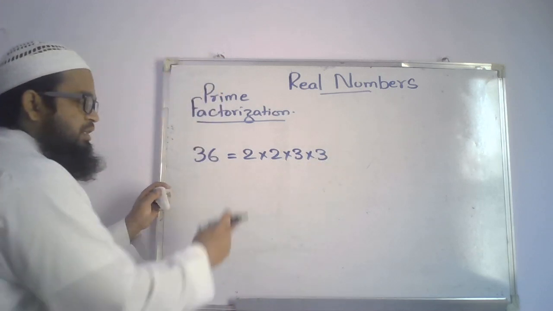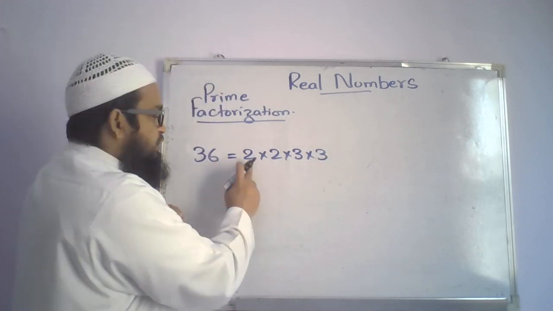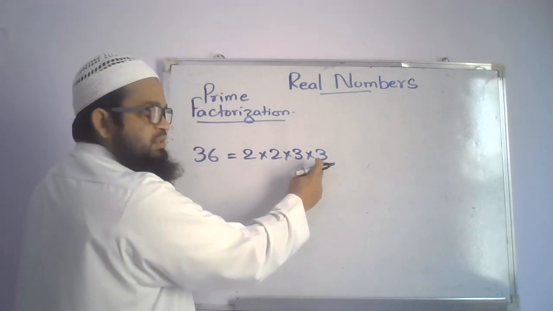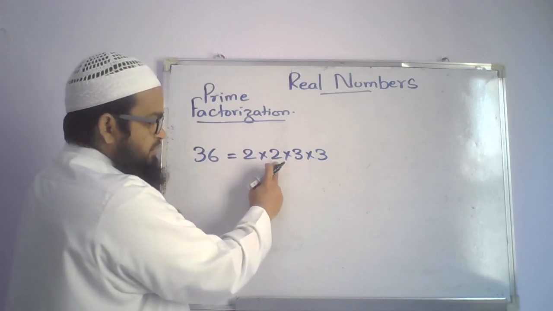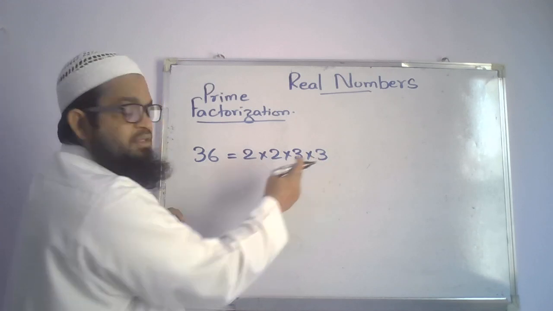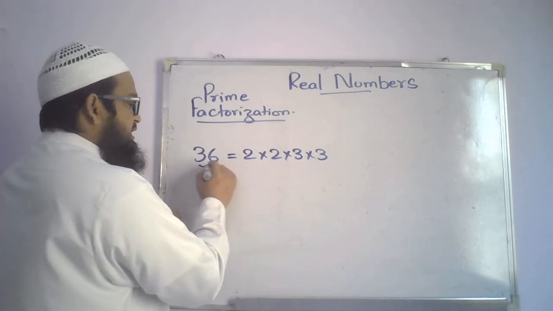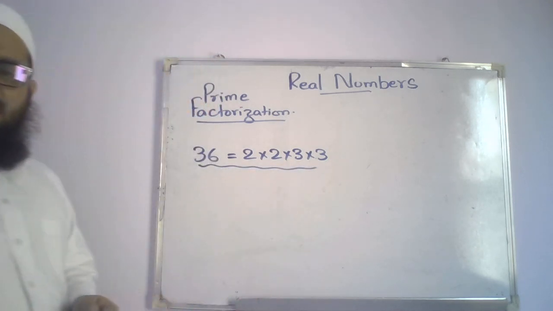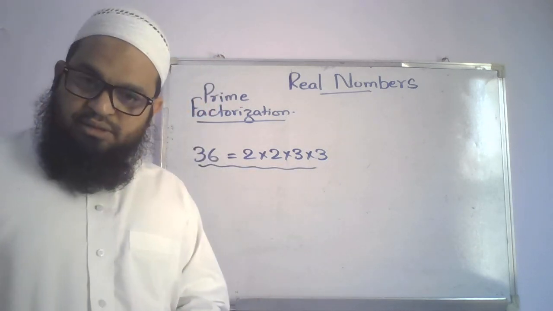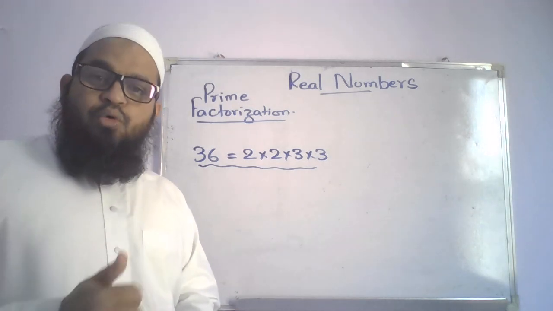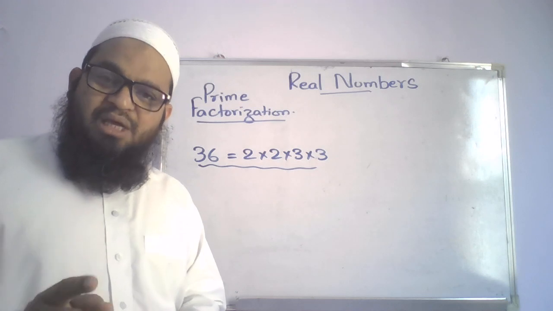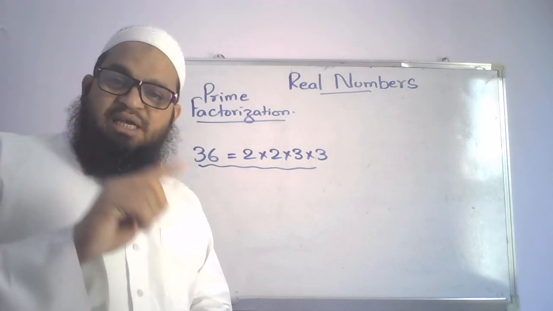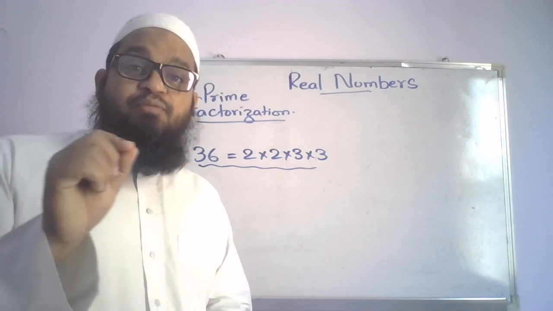Now if we check, 36 is written as 2 times 2 times 3 times 3, where 2 is a prime number, 2 is also a prime number, 3 is a prime number, and 3 is also a prime number. So this is called prime factorization of 36. Now you understood the concept: prime factorization means expressing the given number as a product of prime numbers.